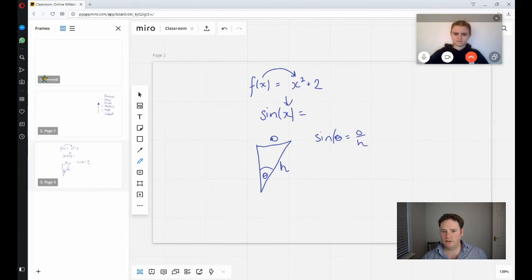So sine is a function, it takes this angle and processes it, and its output will be opposite over hypotenuse. And we're going to have to be able to rearrange that every which way. For example, to get opposite on its own, we would times both sides by h, and that would give us h sine theta equals opposite.